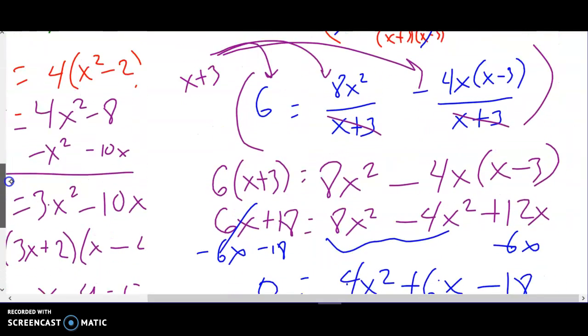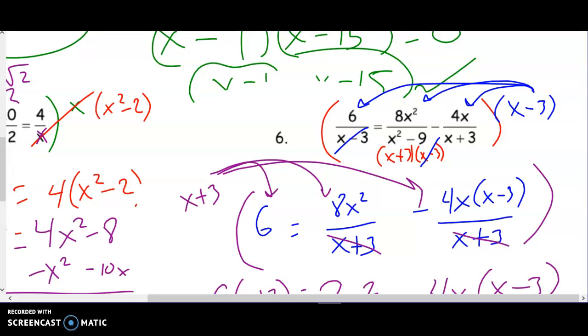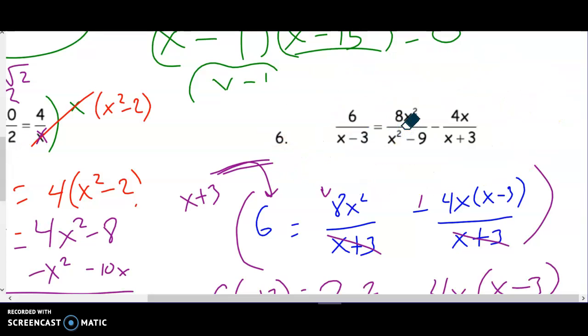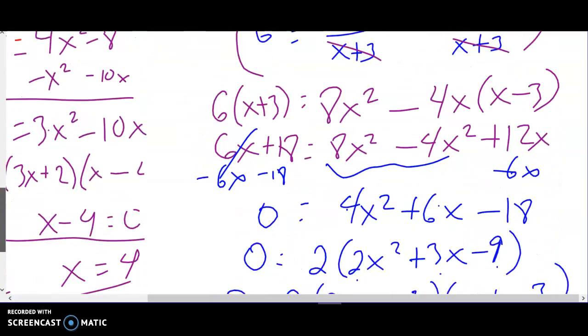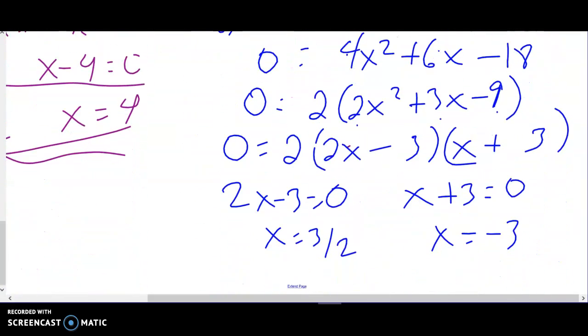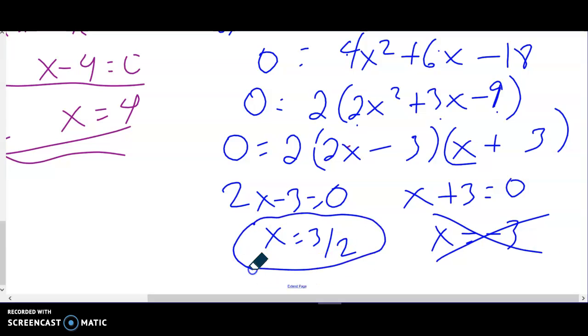Are those allowed? Oh, we finally got one where they're not all allowed. So x cannot be 3, cannot be negative 3, cannot be 3, cannot be negative 3. So this one's extraneous. That's not a solution. There is one solution to this problem.